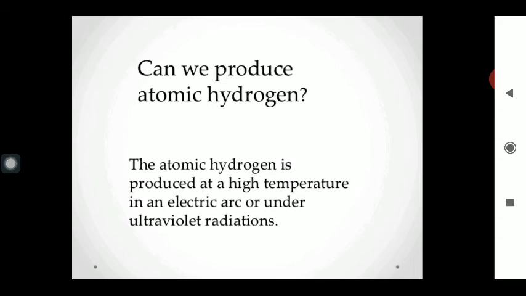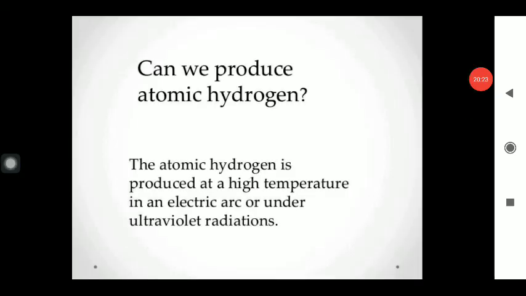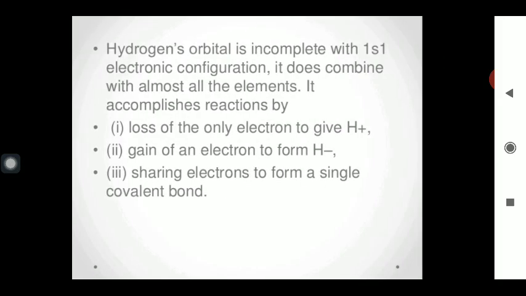Yes, why not? Atomic hydrogen can be produced at very high temperature by passing H2 gas through an electric arc, and under electric arc conditions or by passing UV radiation, this H2 molecule can be cleaved into the corresponding H atoms.